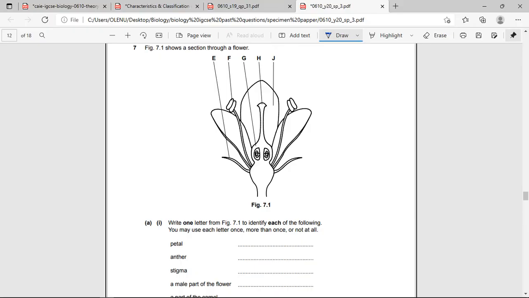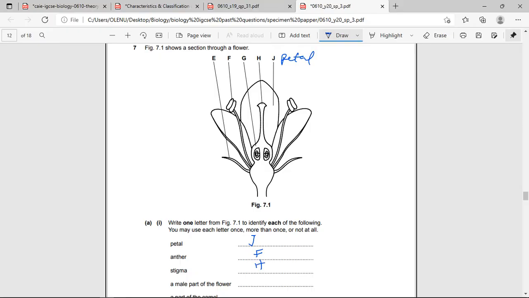If you look at it, these are your petals. So, J. Next, anther. Transfer of pollen grains from the anther to the stigma. So F is your anther. Stigma, this is the one that receives it, so it's H.